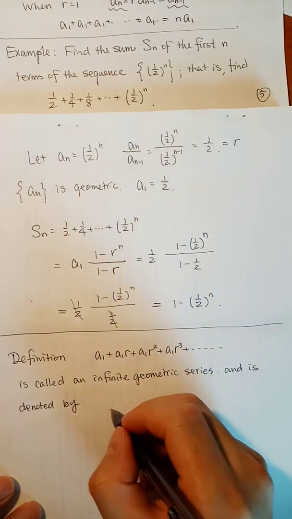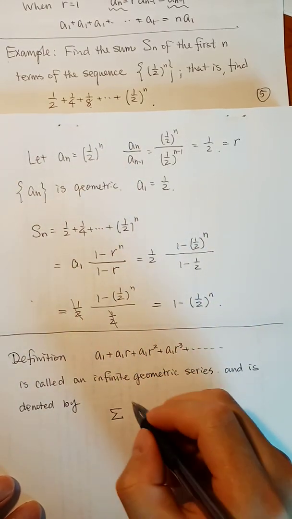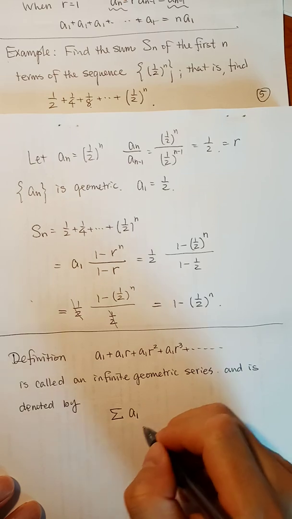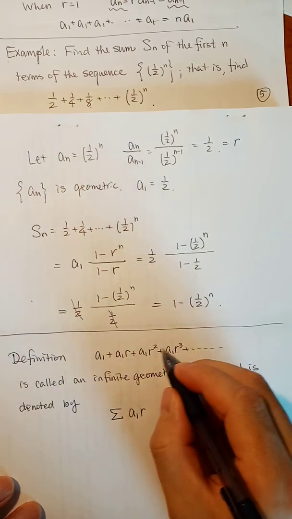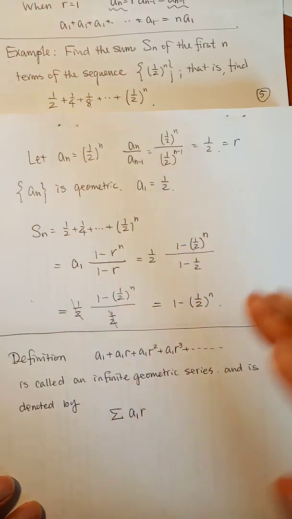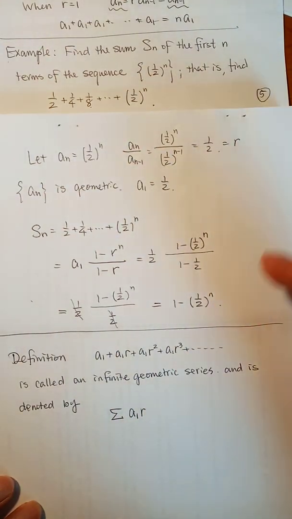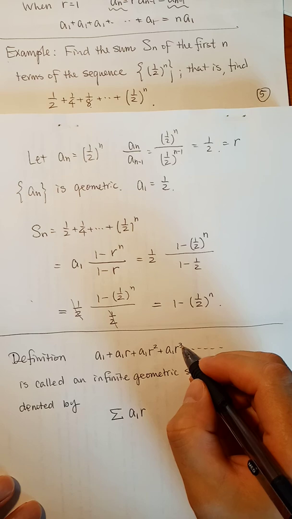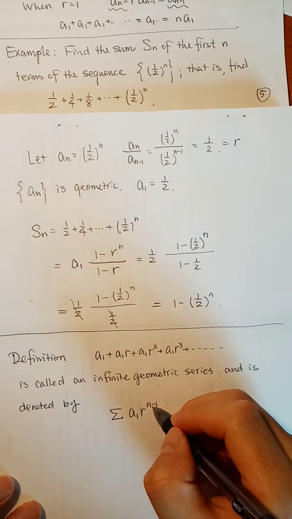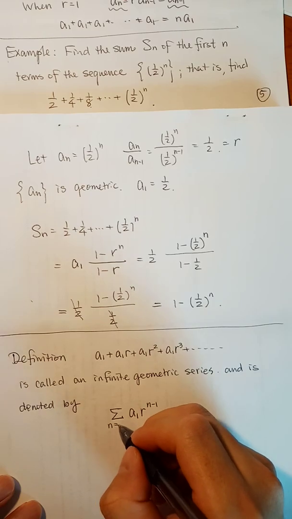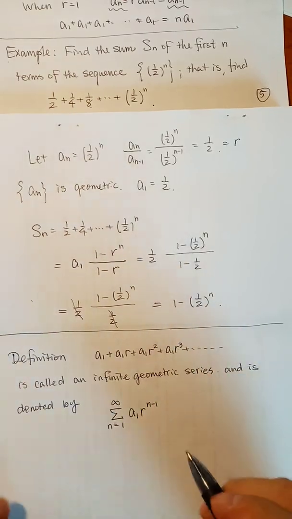It's a series, so we do addition, sigma. In the formula, you always have a1, you have r, and you have the index as the power. Every time it increases 1 by 1 by 1. So when you have the nth term, the nth term has a power n minus 1. n is from 1 to infinity.